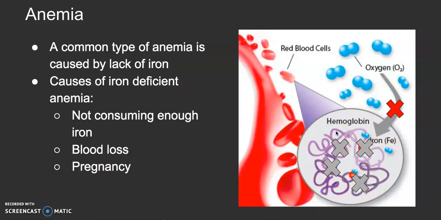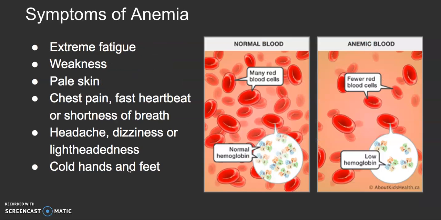And so when you lose them, you end up losing a lot of your iron in your body, as well as with pregnancy, because fetuses require a lot of red blood cells. You're supplying blood supply to a whole new human, and so pregnancy is a massive cause of anemia.